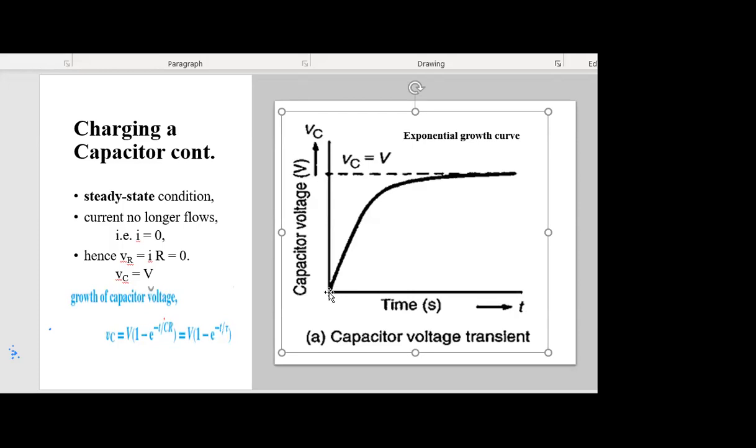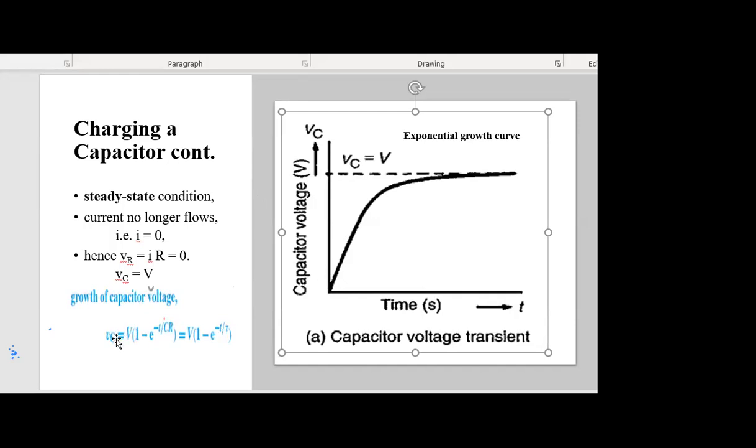Then after some time, for example T1, the capacitor will charge, and VC will be V1, Q1 over C. Then it increases at T2, like that, up to when it reaches the steady state, when I equals 0 and the DC voltage will be equal to the voltage across the capacitor.